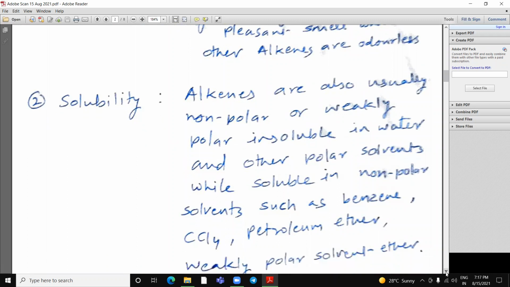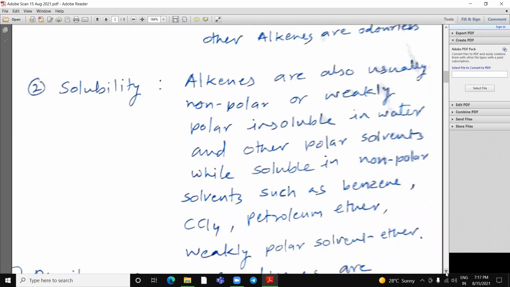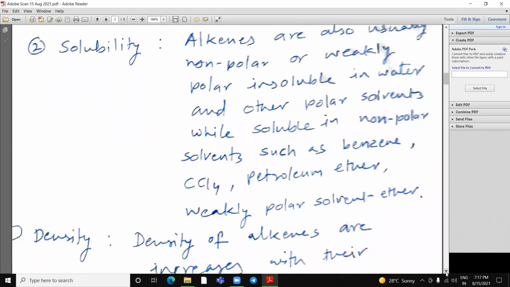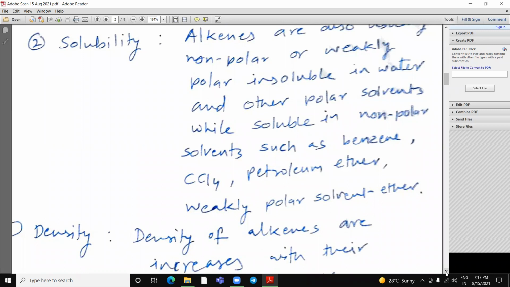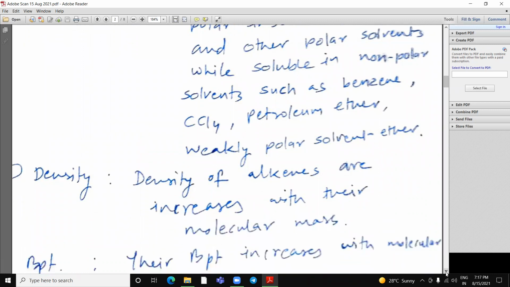Solubility. Alkenes are usually non-polar or weakly polar, insoluble in water and other polar solvents, while soluble in non-polar solvents such as benzene, carbon tetrachloride, petroleum ether, and weakly polar solvent ether.